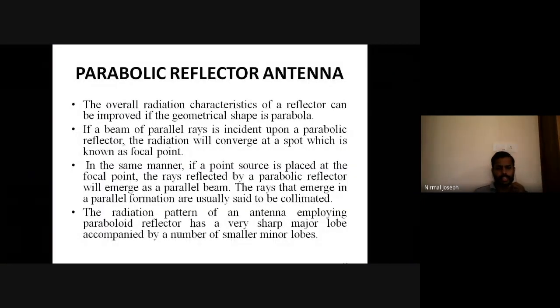The overall radiation characteristics of a reflector can be improved, provided the geometrical shape is a parabola. That is the idea behind parabolic reflector antennas, and you will see how. If a beam of parallel rays is incident upon a parabolic reflector, the radiation will converge at a spot known as the focal point.